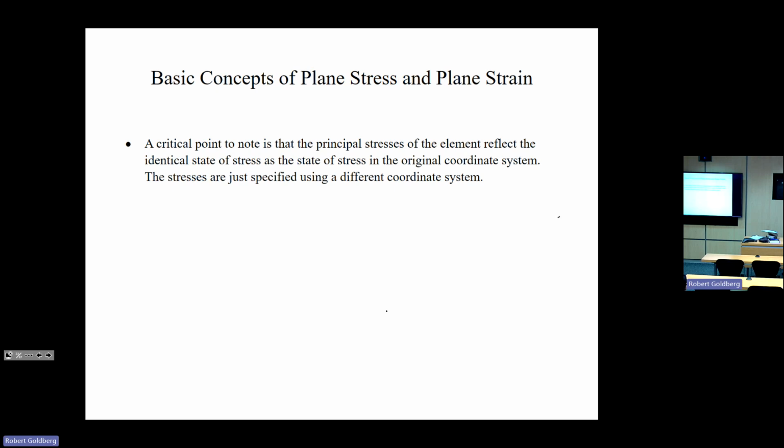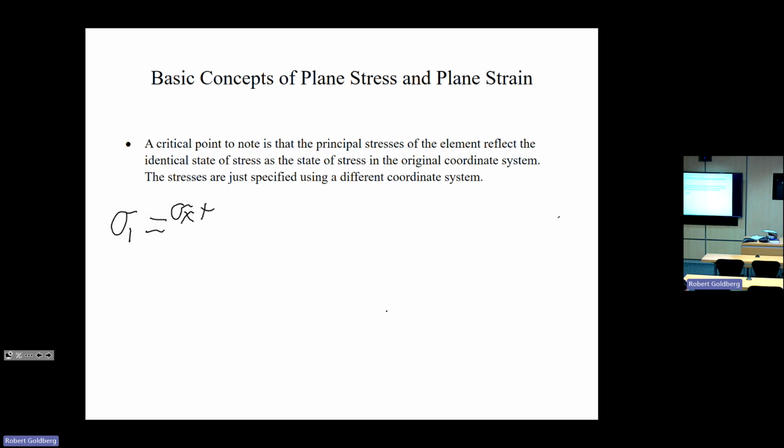When you do all this, you get a much simpler equation. In writing it this way, when we say 1, 2, 3, we mean in the principal system, and x, y means the original axis system.